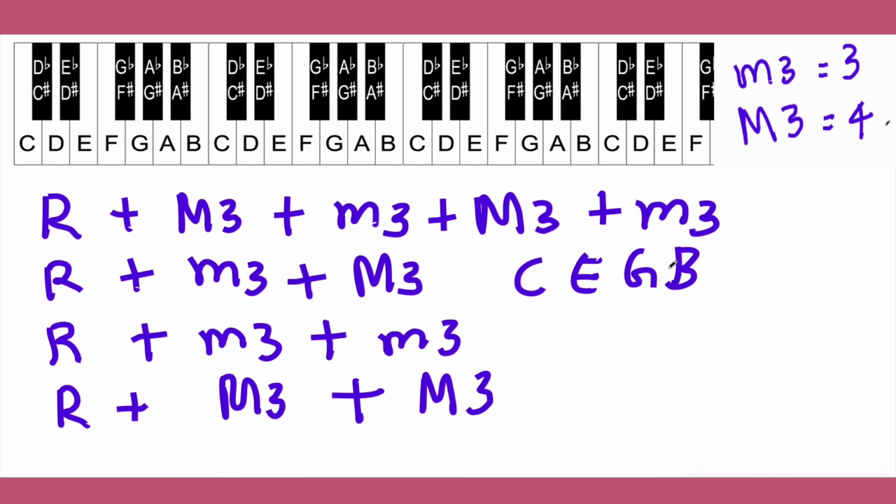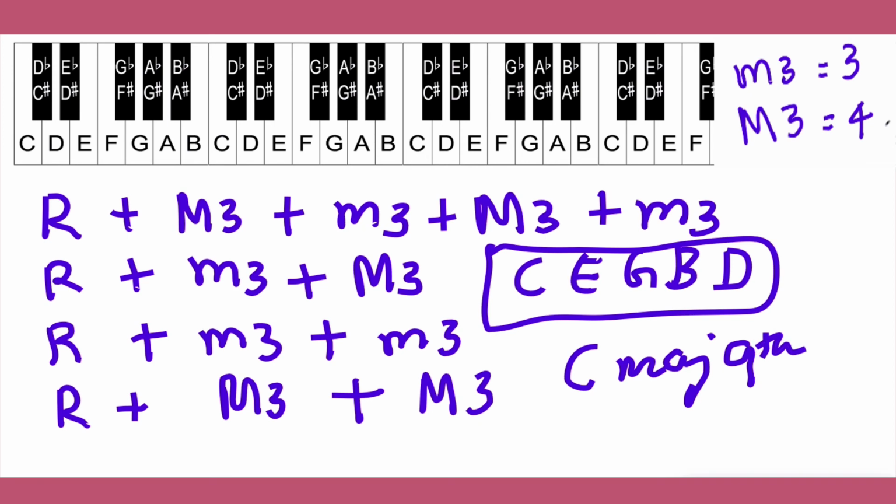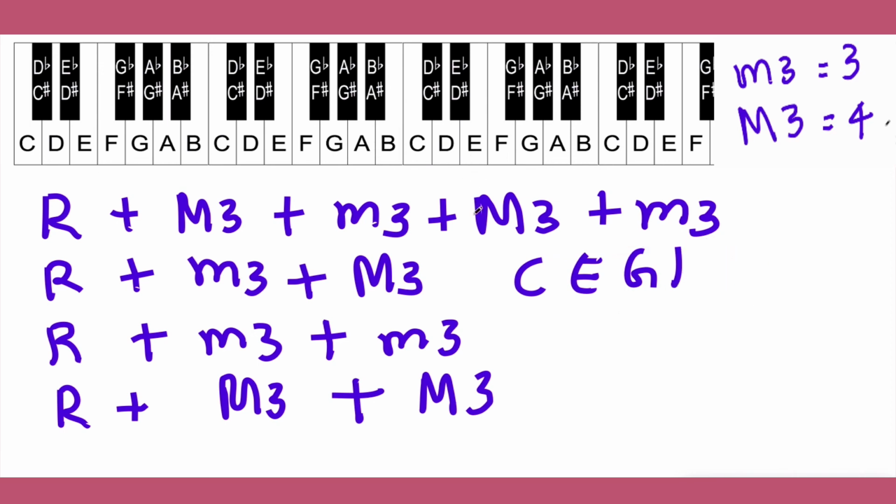That's a B. And then 1, 2, 3. So that's a D. So what chord is this? This chord is the major ninth, C major ninth. C major ninth chord. All right. So all you are doing is extending the chord from here just by adding a major or a minor.